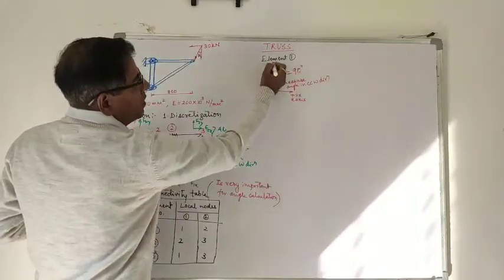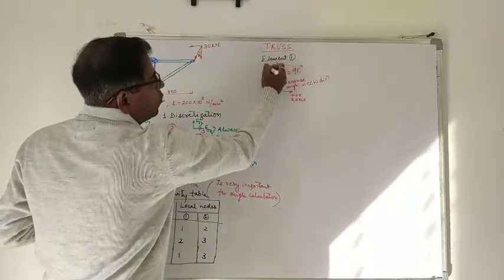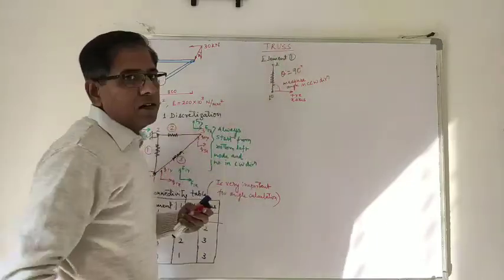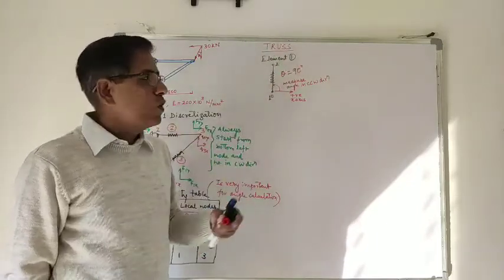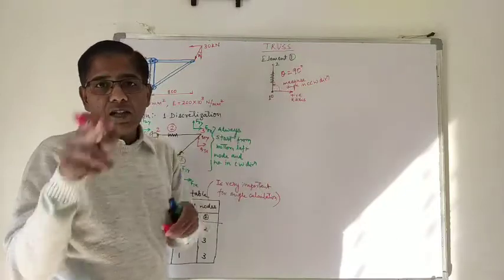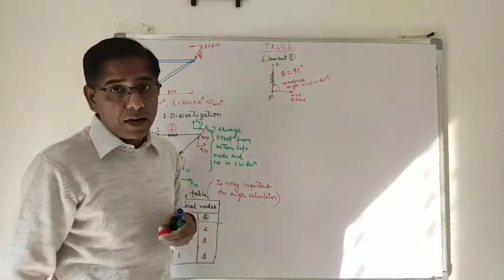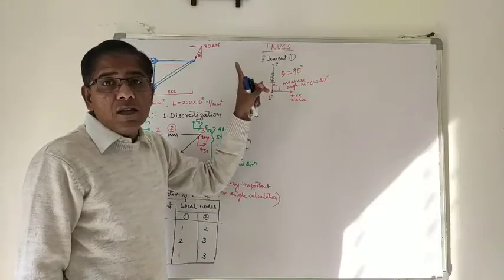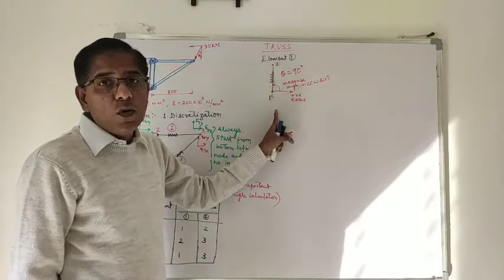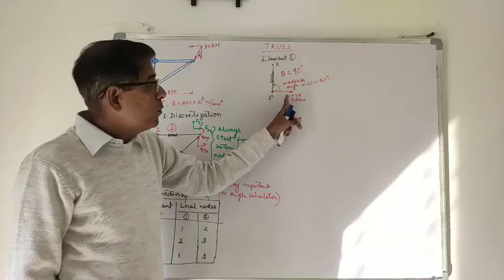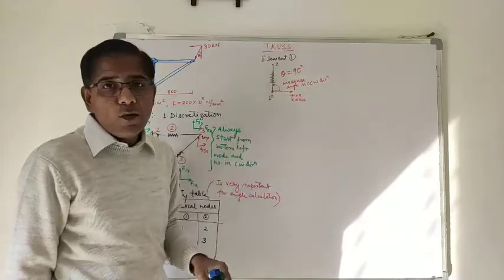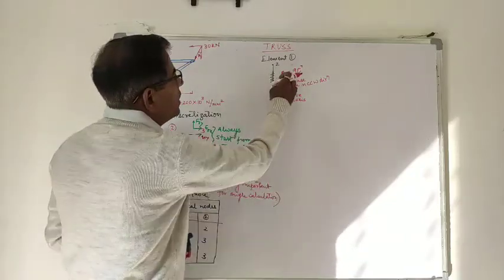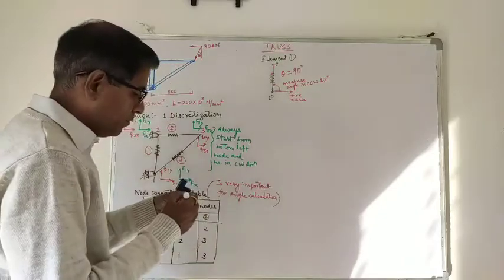Now if you measure the inclination at node number 2, then it may be say 270 degrees. If you write theta as 270, then the entire problem is incorrect. So it is very important to measure the inclination at the first local node, that too from the positive x-axis in anti-clockwise direction. So here theta comes out to be 90 degrees.